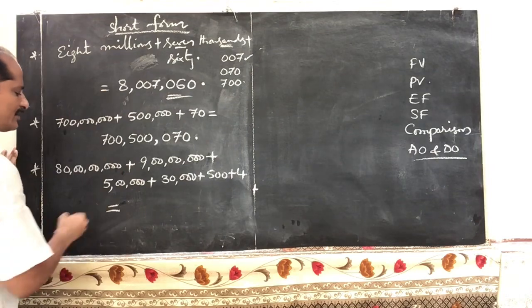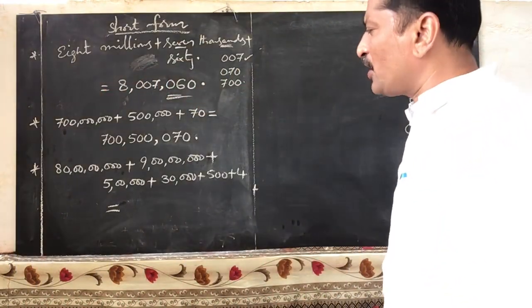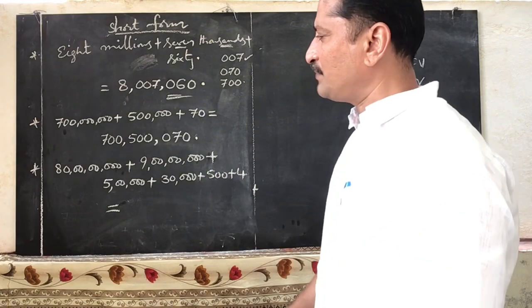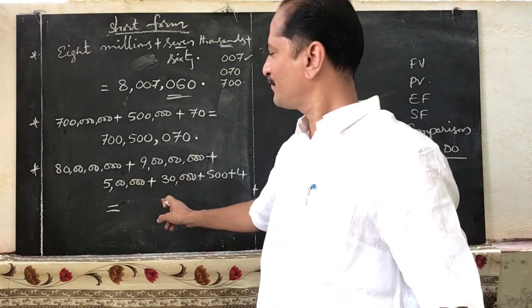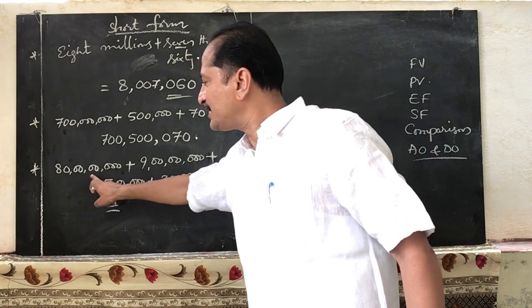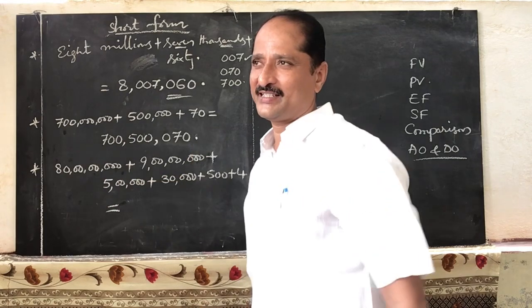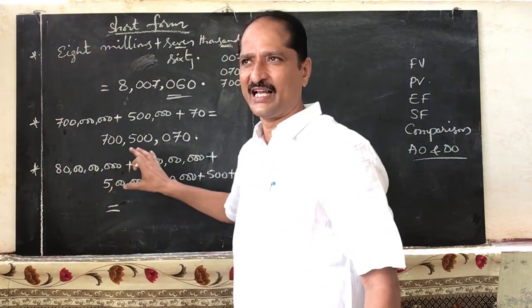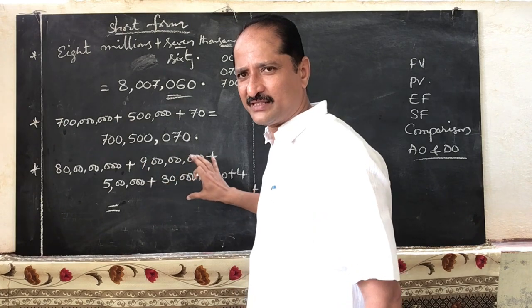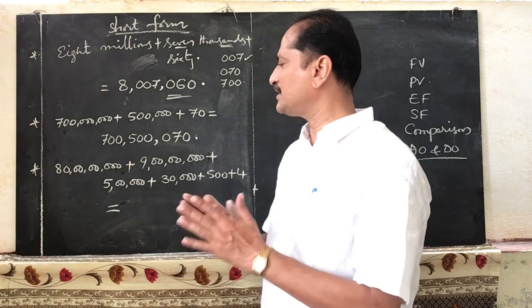Now you have to write down the short form for this. To write down the short form for this number, observe carefully everybody. This is in which system of numeration? The thousands period has 2 places, so it is the Indian system of numeration. Very good. So in the Indian system, the expanded form is given and we have to write down the short form. So just check.